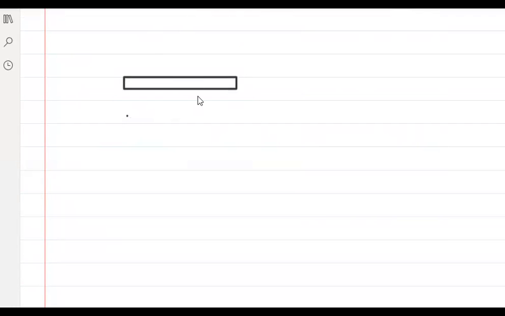Now, suppose we have a rod. This is a rod of mass m. Total mass is capital M. And then we have a point mass; suppose this is capital M and this is small m.